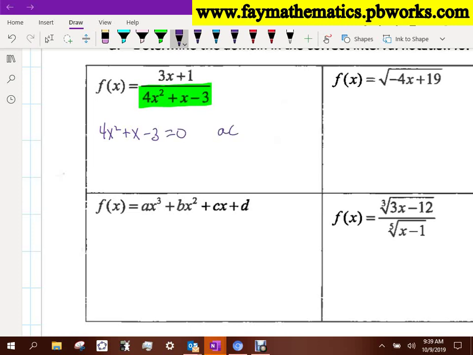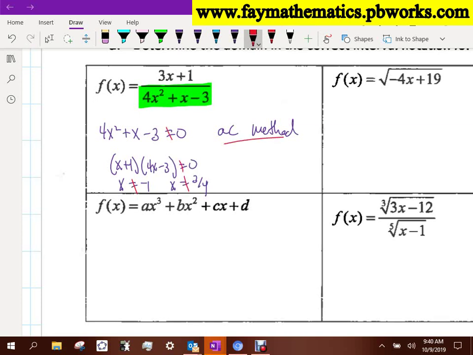This is the AC method. And I'm going to tell you that it eventually factors to x plus 1 and 4x minus 3. So then we say that x is equal to -1 and x is equal to 3/4. But remember, we're really saying where x cannot be those things.